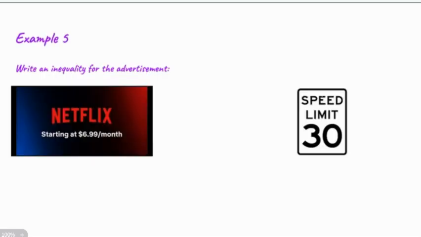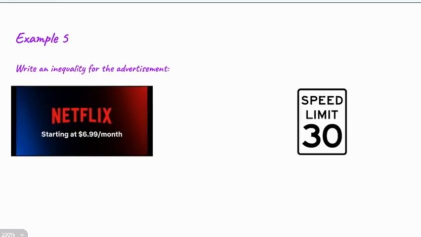All right, final problem, kind of thinking about inequalities in the real world. We have Netflix starting at $6.99 per month. If you don't have Netflix, they will start their pricing at $6.99, and then the more screens you have available to your account, they will charge you more.